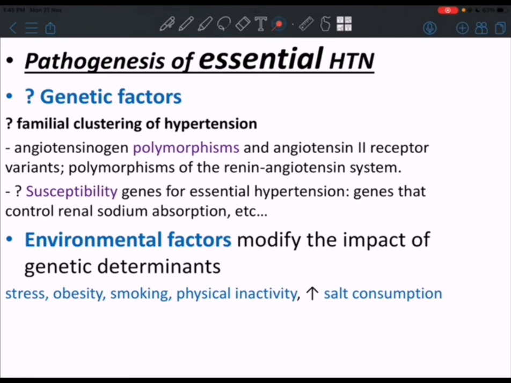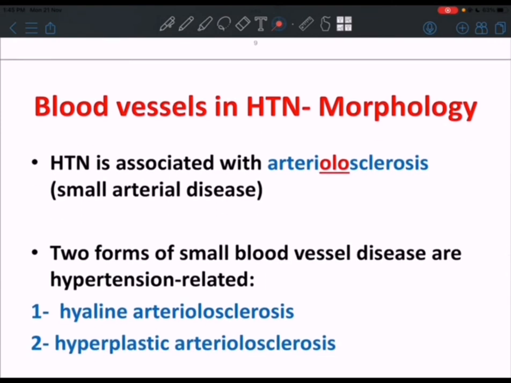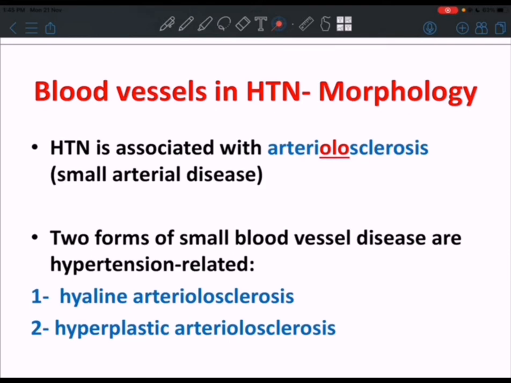تمام؟ هلا ننتقل للموضوع الحقيقي لمحاضرتنا اليوم اللي هو المورفولوجي of blood vessels in hypertension اللي هو موضوع الارتيريولوسكليروسيس. اتفقنا انه الهايبرتنشن بيعمل ارتيريولوسكليروسيس المره الماضيه. تمام؟ اللي بداوا يدرسوا وحكينا عن two other conditions that can lead to arteriolosclerosis: diabetes, هو حكينا hypertension diabetes, age yes.